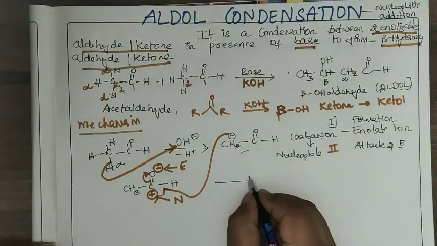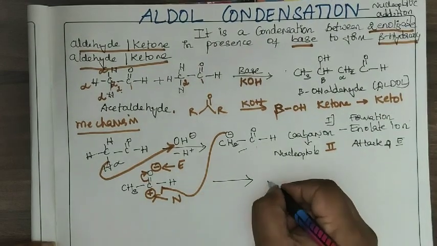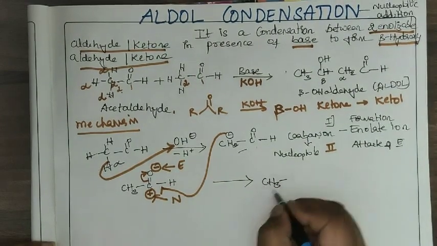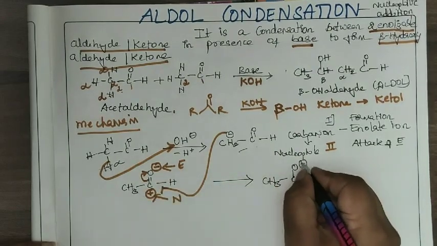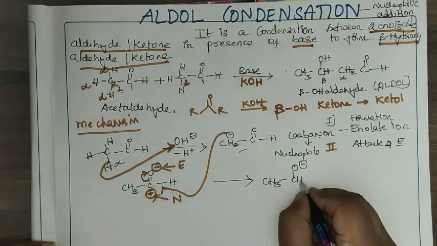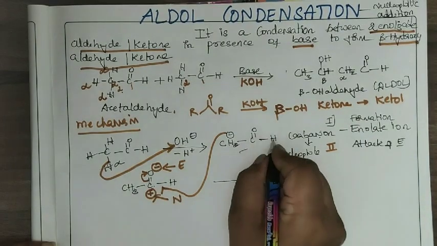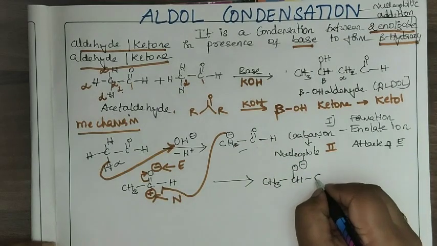So when enolate ion attacks the carbonyl carbon atom, we'll get an alkoxide anion. This is CH3 and this oxygen has taken up the electrons, so you'll get a minus charge. And let's write this hydrogen here, and now this aldehyde will attach to the electron deficient carbon atom.